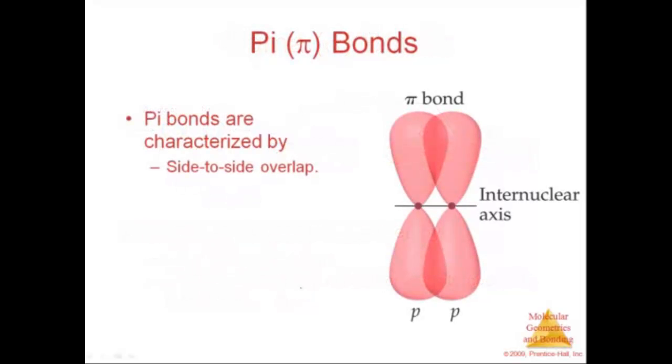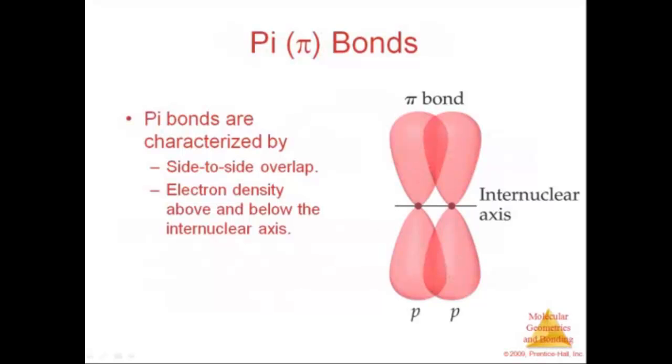Pi bonds come from overlapping side to side. So if you imagine I have my p, right, I've got 3 p orbitals, and I'm a terrible artist, and you know that, right? So this is my head-to-head overlap, but if I have more than one bond, it has to come from one of these other p's.